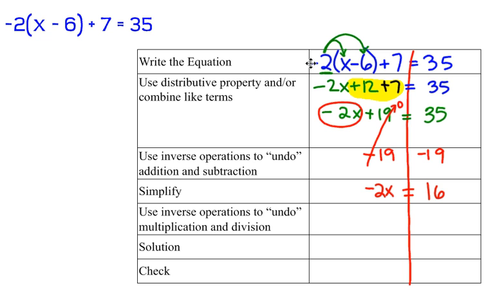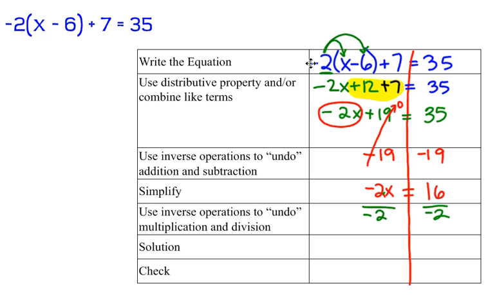And my final step here will be to undo the multiplication or division. I know that there is some multiplication hiding in there. I don't see it because I don't write it. The opposite of times by -2 is divide by -2. What I do on one side, I do to the other.